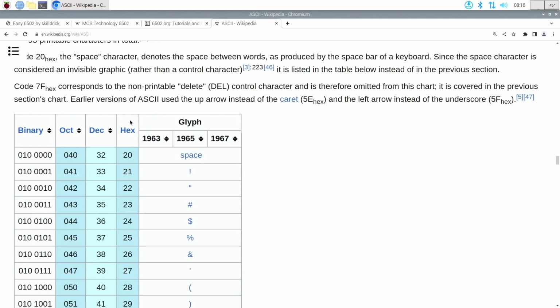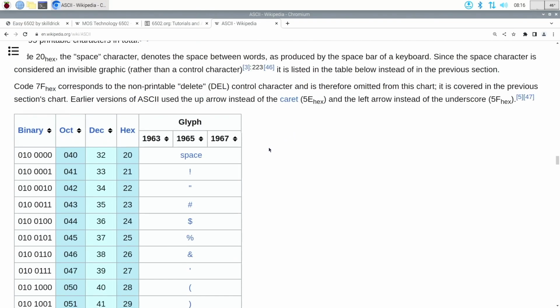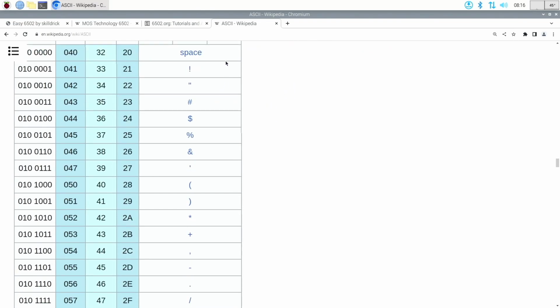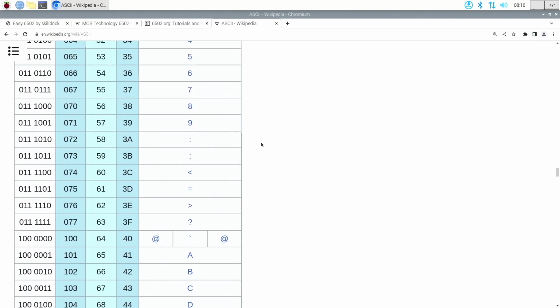Getting there? Yeah. Okay. So the beginning characters are mostly punctuation and stuff, including a space. Obviously, you can't print a space. It just means to move over one position. So we'll just write space for that. But then, you know, quotes and dollar signs and parentheses and the plus symbol and the digits, right?